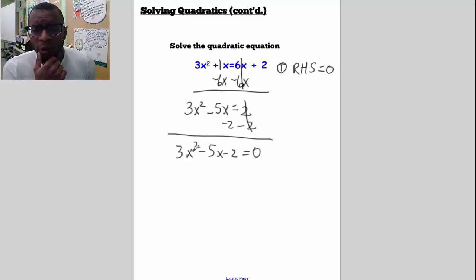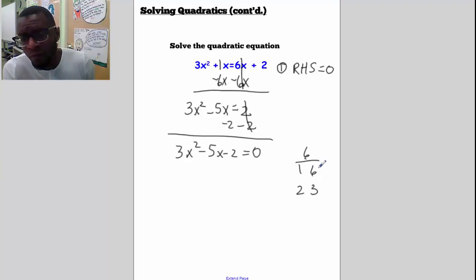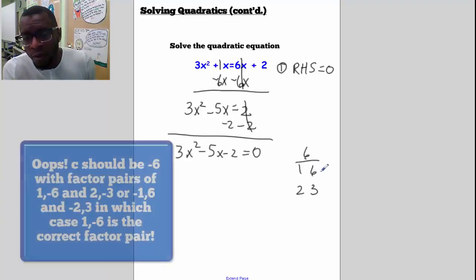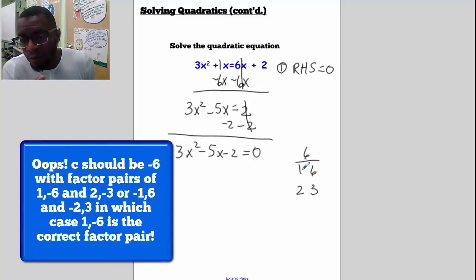Now we see that a is greater than 1. Remember, when a is greater than 1, we need to find the factor pairs of a times c. In this case, a times c is 6, so we have 1 and 6, and 2 and 3. I need a sum of negative 5. Here you have to be careful, because we could use negative 6 and 1, or we could use negative 2 and negative 3.